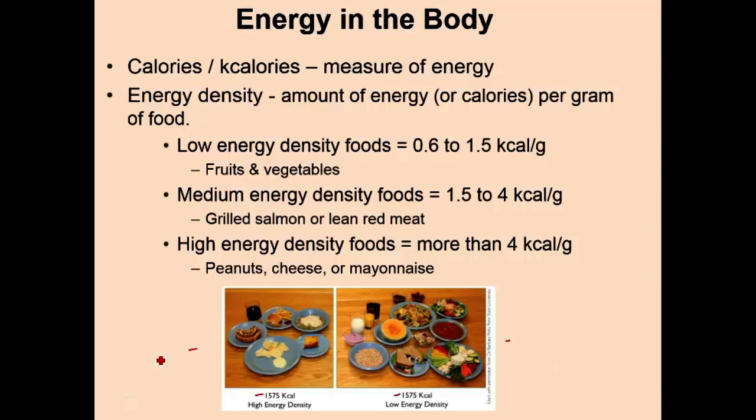So what foods do we have over here on the left? We see potato chips, and we see a cheeseburger with French fries. These are all foods that have high energy density, right? So you'll notice the size of this meal compared to the size of this meal.